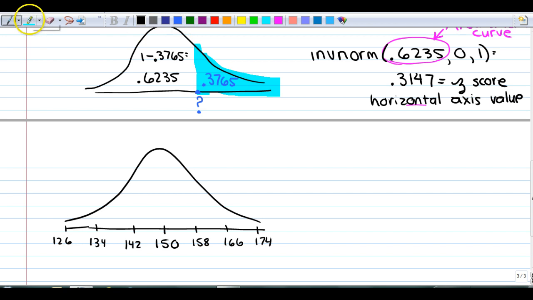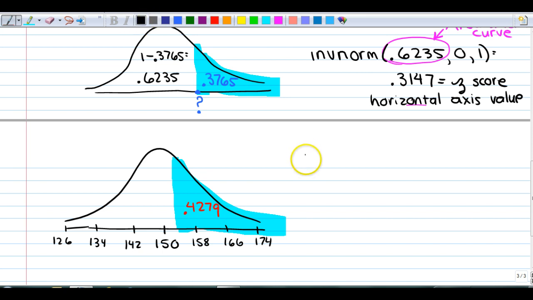And I wanted to know what X value gave me an area to the right of 0.4279.